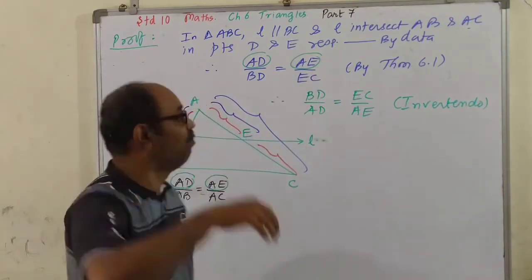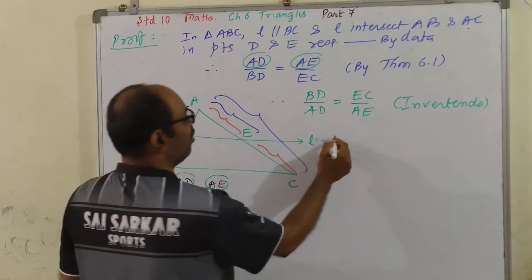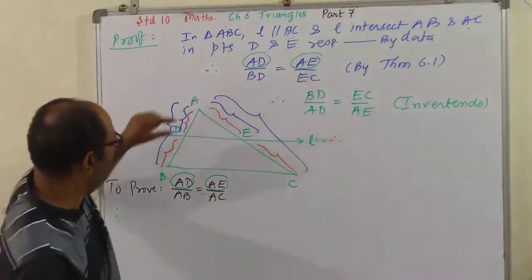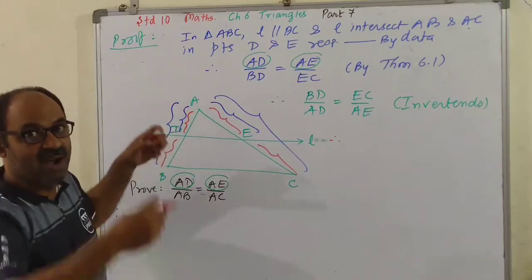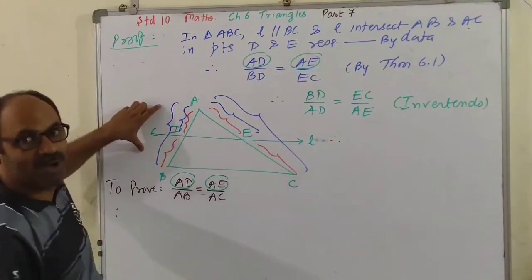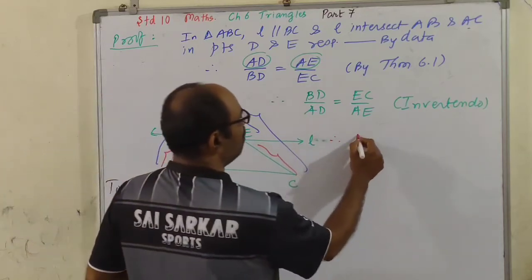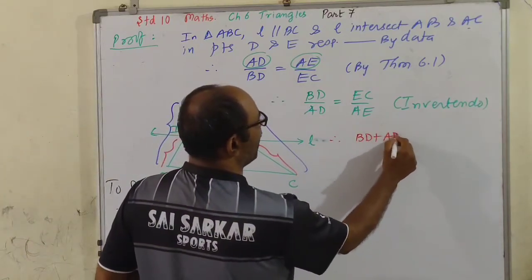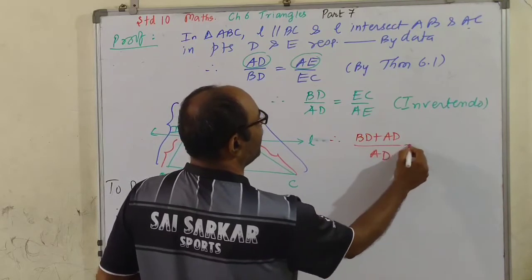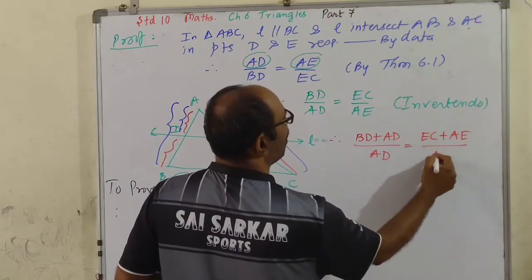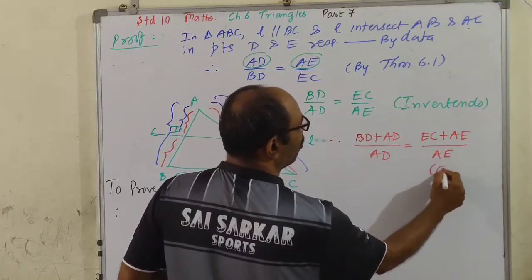Now you can use componendo. आप add करो. क्योंकि BD is a part और AD भी part है, और part plus part करेंगे तो whole मिलेगा ना. So BD plus AD whole upon AD is equal to EC plus AE whole upon AE. What have you used?